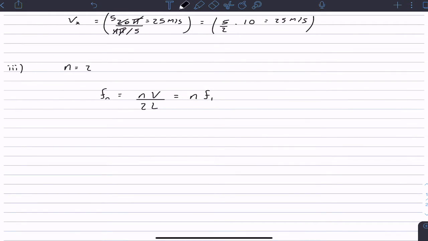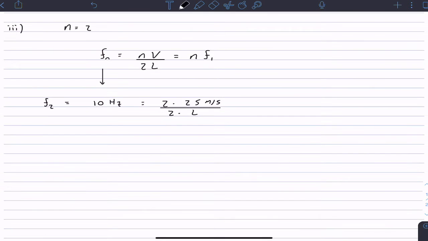So if we plug this in, this is going to be f, where n is 2. And this is going to be 2 times the speed of the wave, which was 25 meters per second, and then over 2 times the length. So now we just solve for L. Pretty straightforward. These go away. 25 over 10.